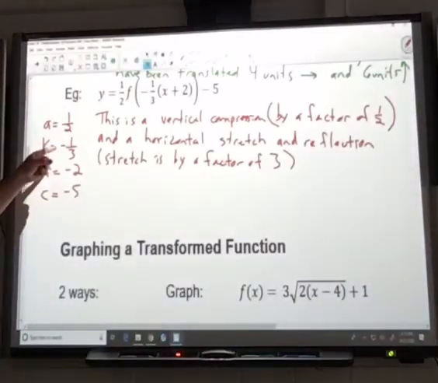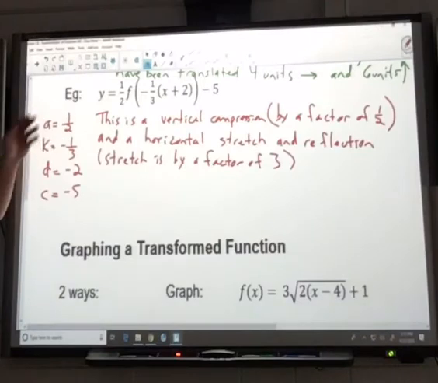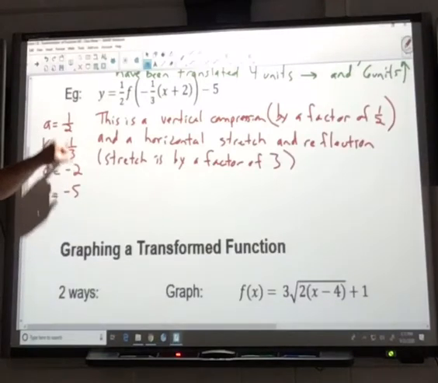I know it says 1/3, but remember, 1/1/3 becomes 3. It's the opposite of what you expect. You'd expect this to compress, flip it, it becomes 3.